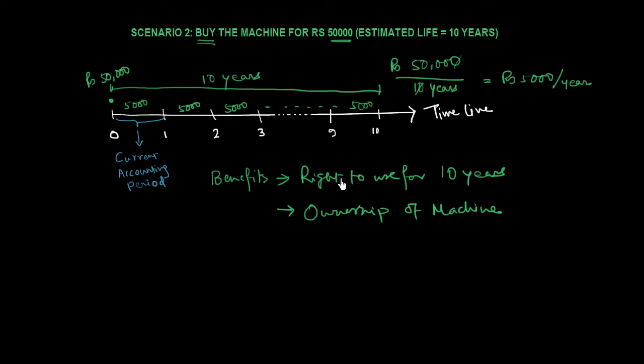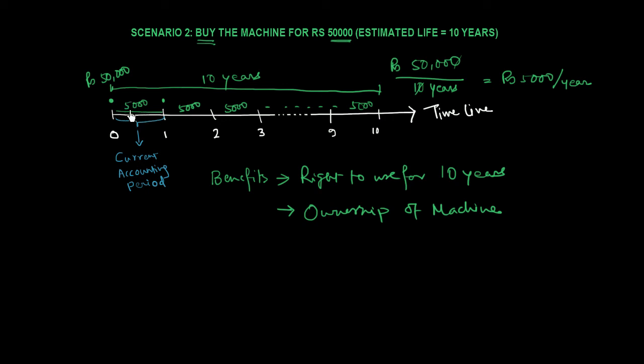Let us see the timeline now and what happens at this point. Let us assume 1 year has passed and we are now standing at this point. If we analyze the situation, we have already enjoyed benefits worth rupees 5,000 from the machine, because you have used it for 1 year, and the cost for 1 year is the cost of the benefits you enjoy from the machine.